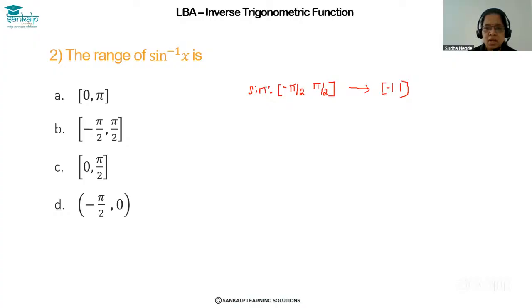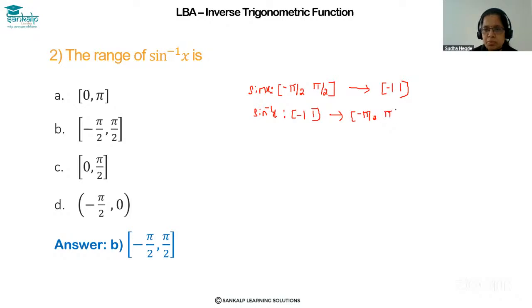So sin x is bijective. Therefore, sin inverse x exists, and sin inverse x is from where to where? It is minus 1 to 1 to minus pi by 2 to pi by 2.